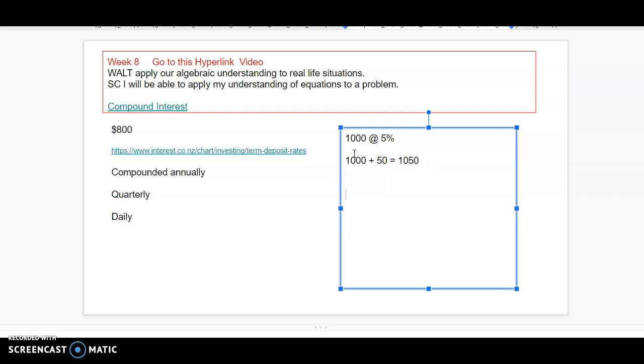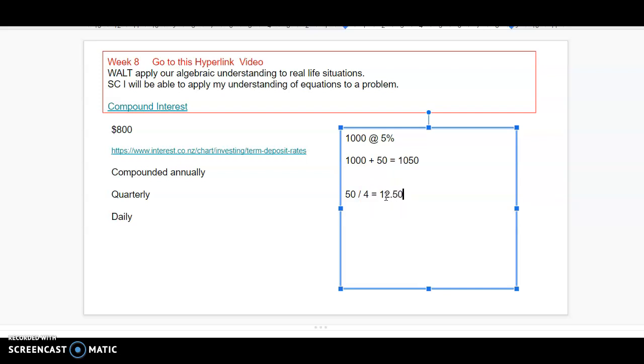Now quarterly, you're going to take that $50 and divide it by 4, and then you'll get a new rate. That is $12.50.